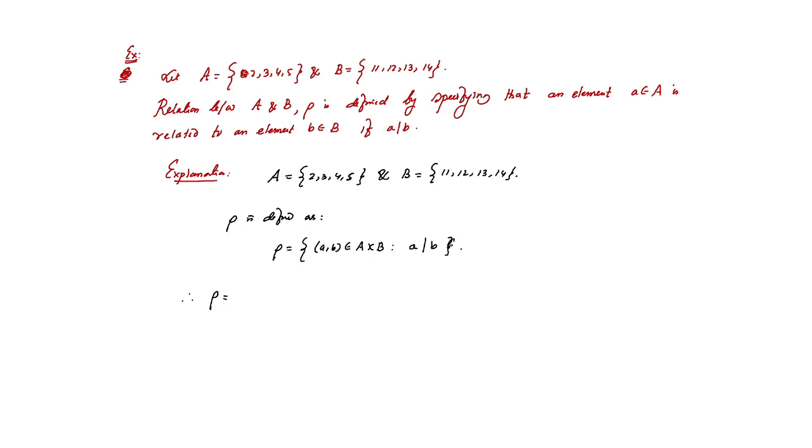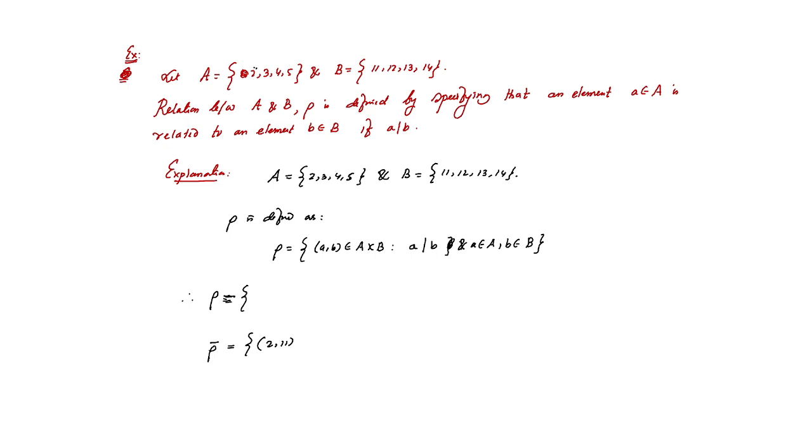Here a belongs to capital A and b belongs to capital B. Start from the first element. In A, 2 divides 11? No. This is not related. So 2 does not divide 11, so (2, 11) comes here.